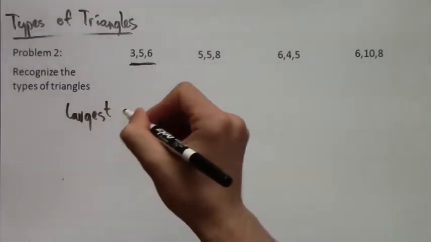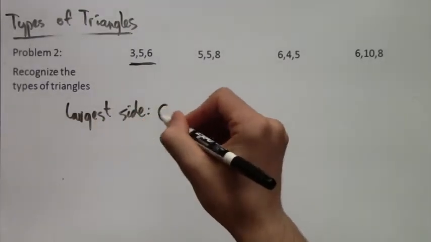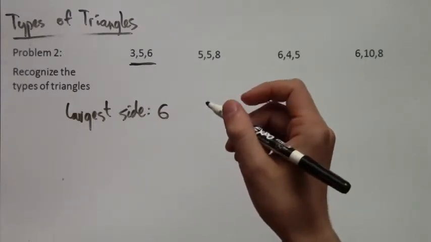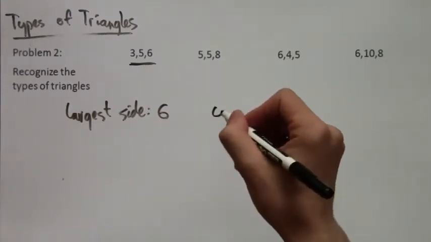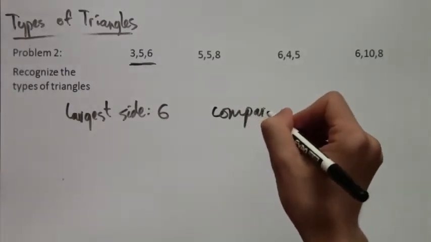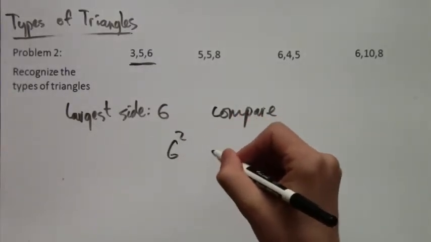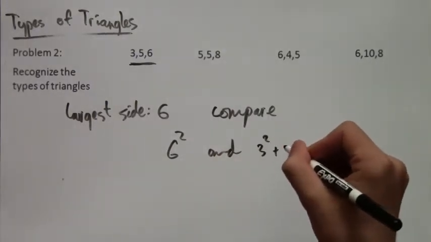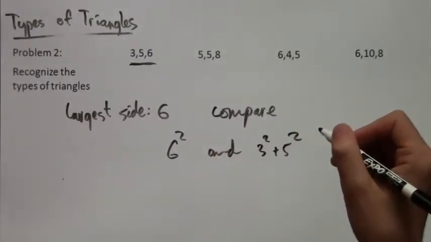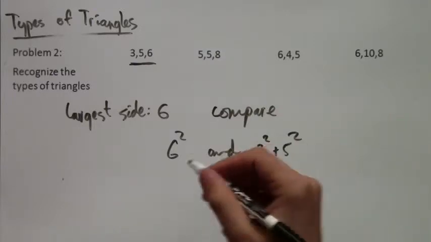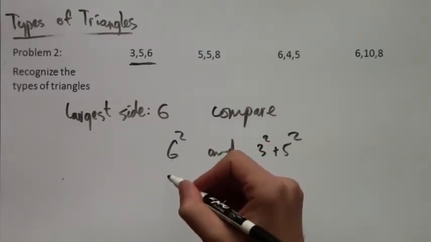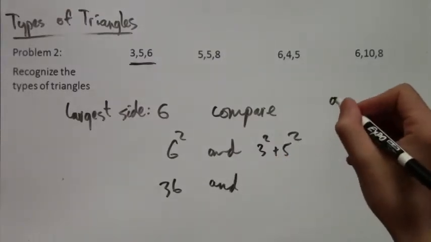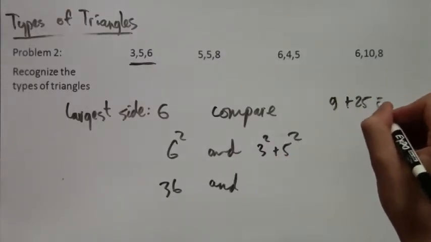You start with the largest of the three sides, the largest length, and in this case, the first one, it's 6. And you compare 6 squared and the sum of the squares of the other two sides, in this case 3 and 5. So I have 6 squared compared to 3 squared plus 5 squared. 6 squared is 36, and 3 squared plus 5 squared is 9 plus 25, which is 34.